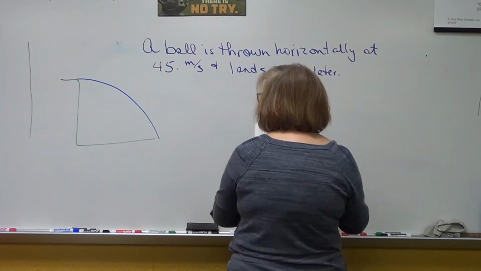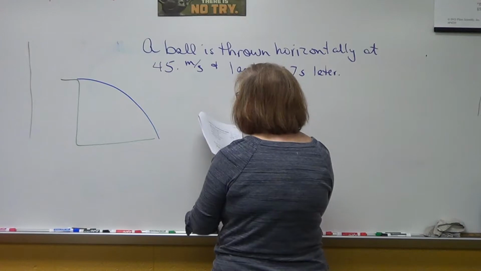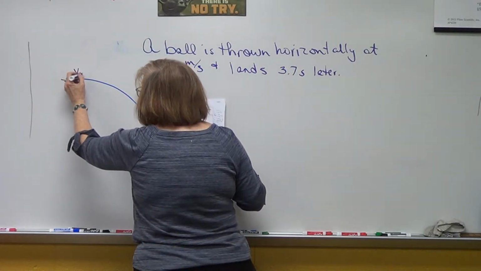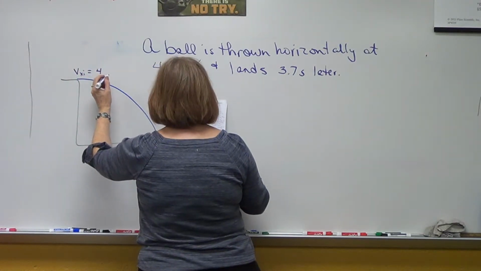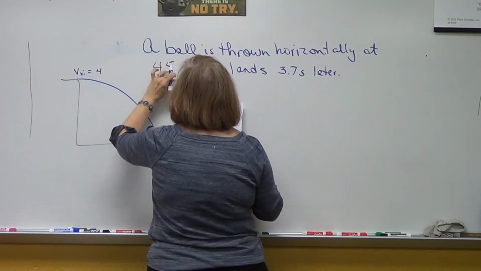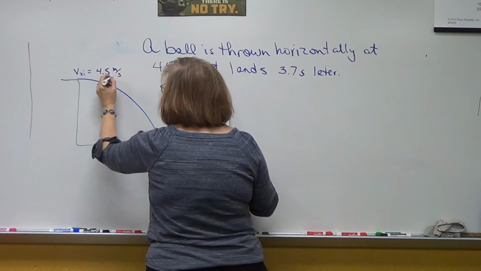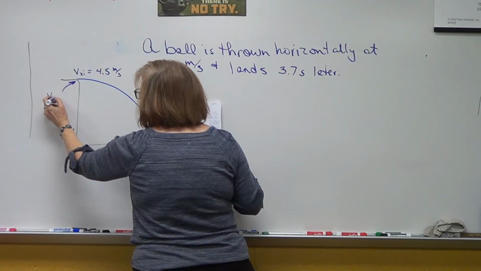So then we know a few things. We know that it starts here with initial horizontal velocity, and that's equal to the 4.5 meters per second. We know that VYI right here is equal to 0.